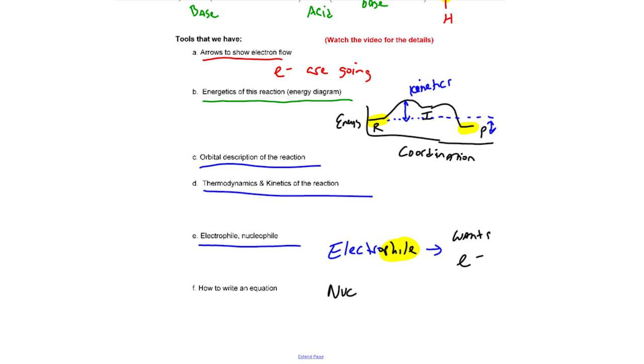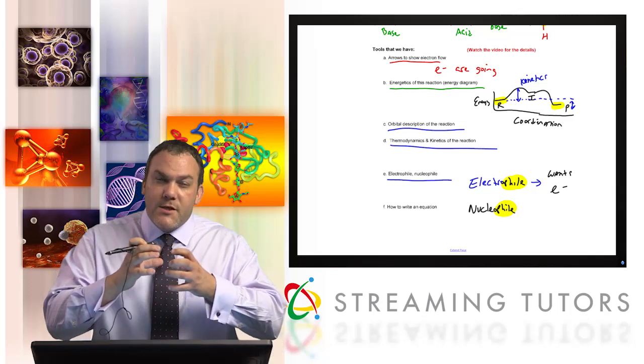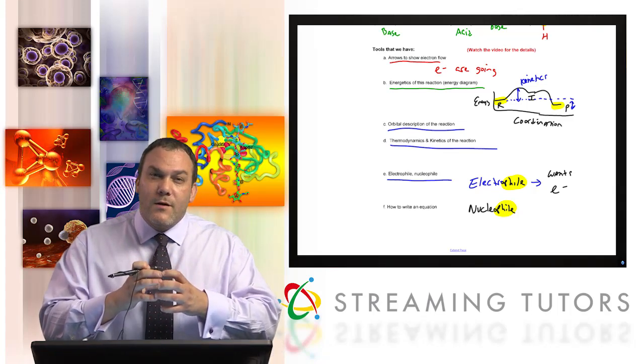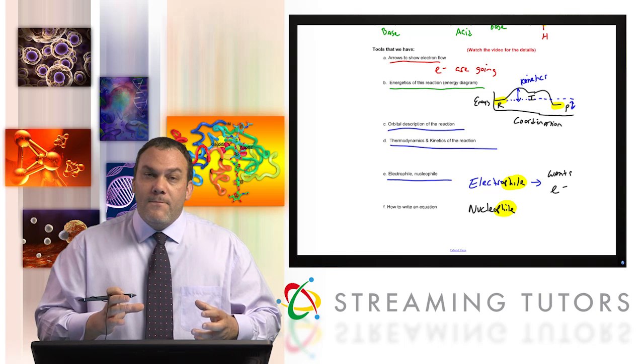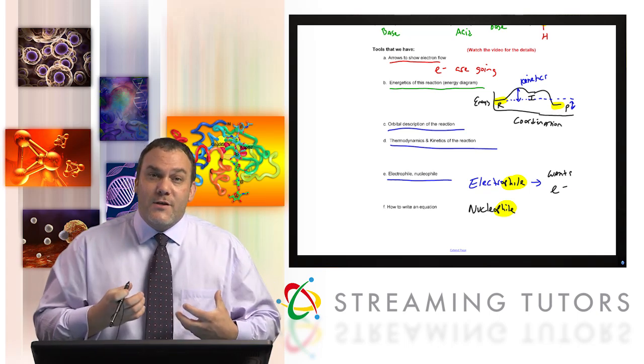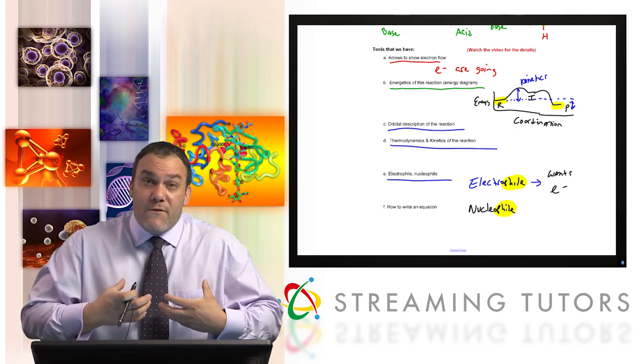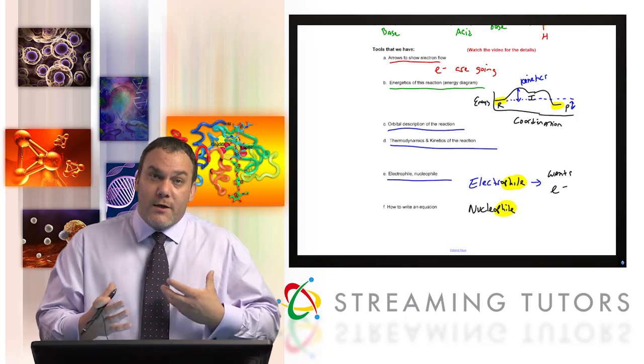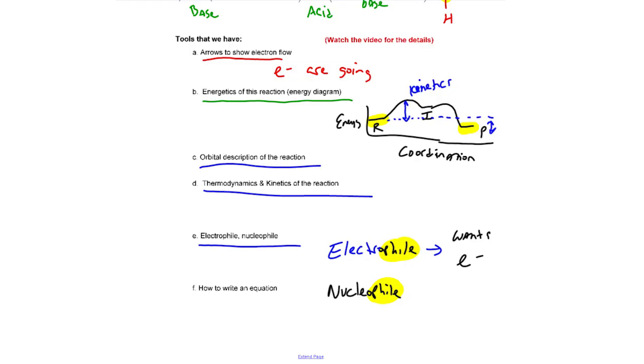A nucleophile is nucleus loving. Now, what's a nucleus? Nucleus is where the protons are, positive. So a nucleophile is something that has electrons, and it wants to find a positive source to counter that. And so those are things that want positive. So negative wants positive, positive wants negative.